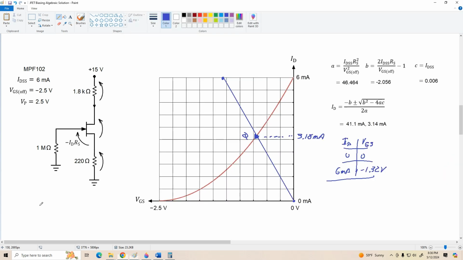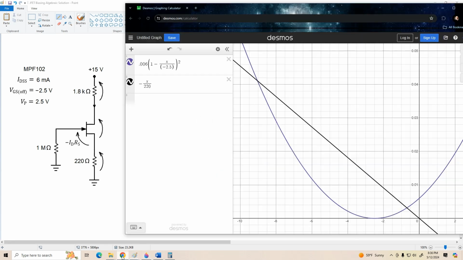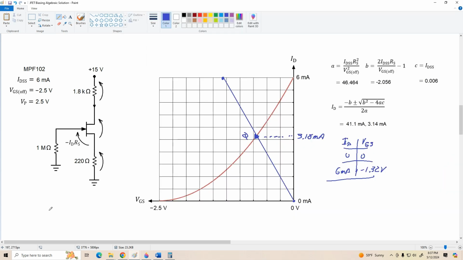And is that the other solution? Yeah, 41.1. That looks reasonable. So I just thought I would leave that on there to show you where this other root gives us a solution. And by the way, that's called an extraneous solution. It's mathematically valid, but physically it doesn't have any meaning, okay?